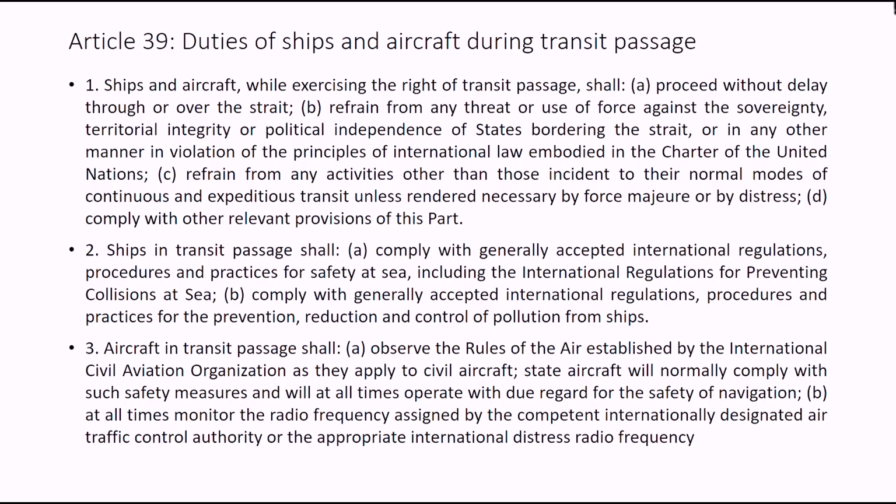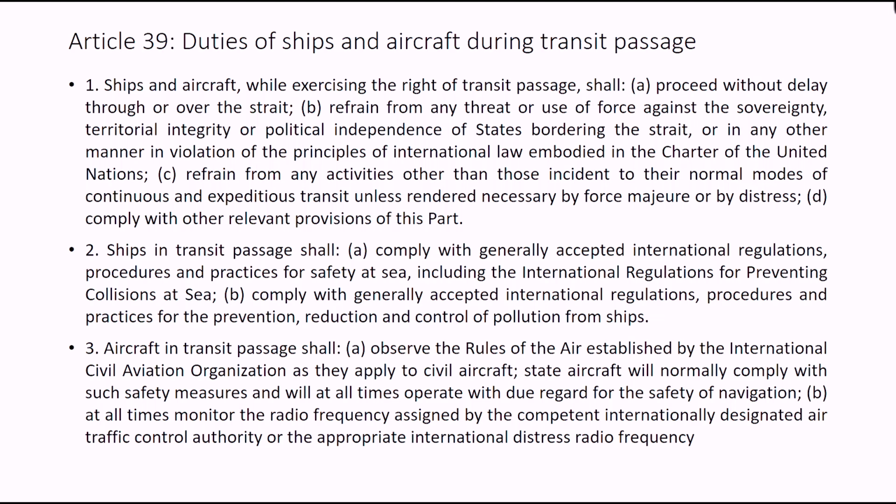Lastly, comply with other relevant provisions of this part. Ships in transit passage shall comply with generally accepted international regulations, procedures and practices for safety at sea, including the international regulations for preventing collisions at sea. The coastal states in transit passage could create sea lanes, certain navigational routes.